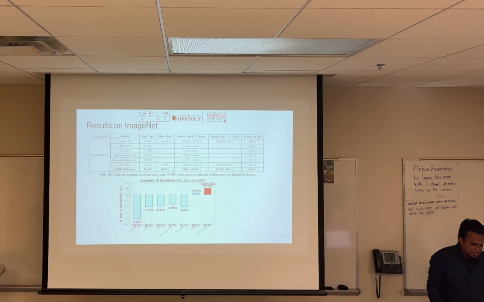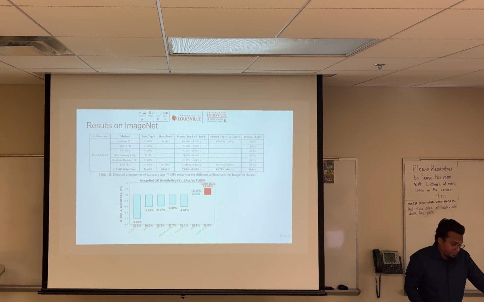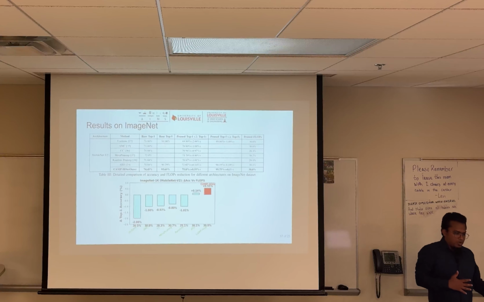With a similar FLOPs reduction, the nearest one was ATO, with plus 0.14% delta accuracy. So across all the models and different datasets, our method continuously exceeds the other state-of-the-art results.